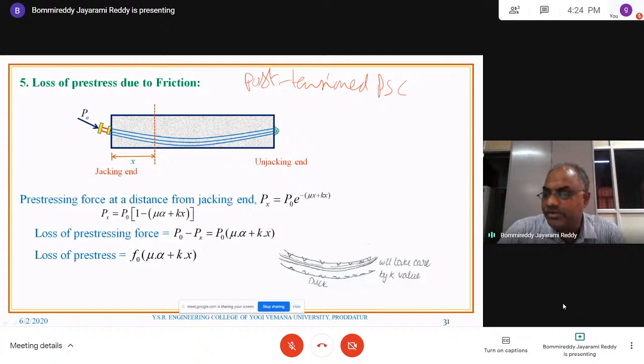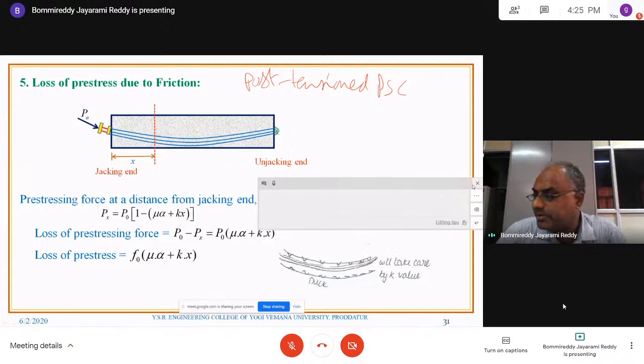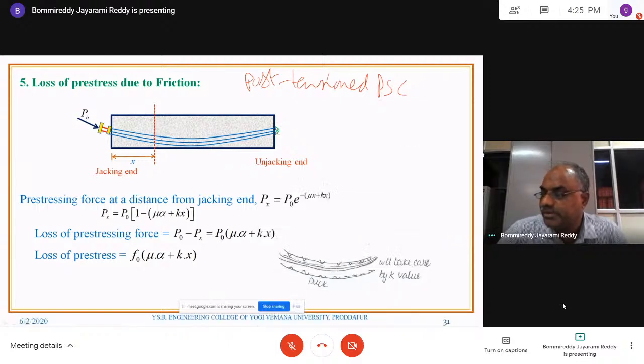After the concrete attains sufficient strength, insert the cable from one end to the other end, and keep it tightened at this point. Keep the bar without any movement at this point.